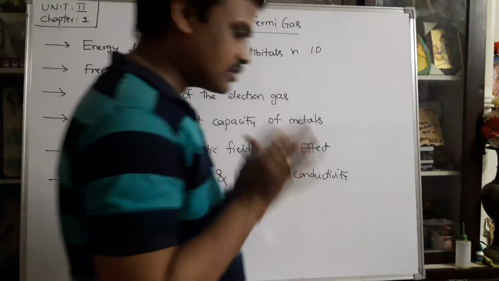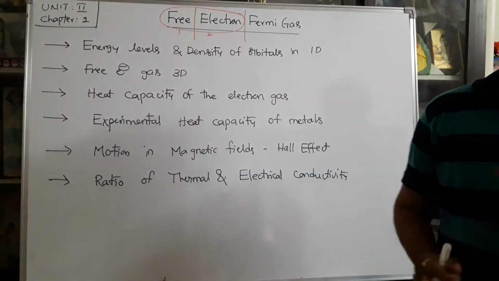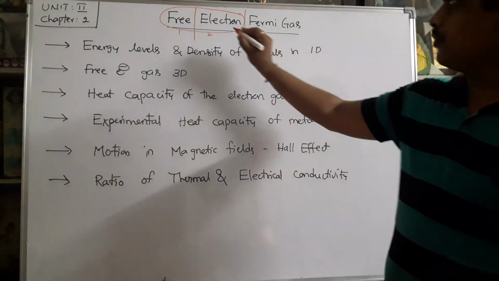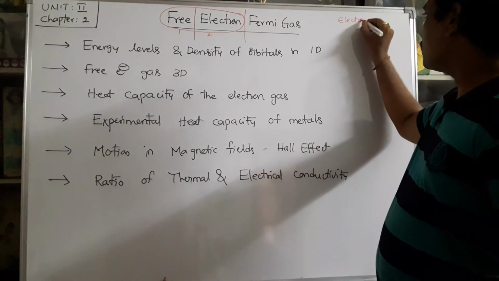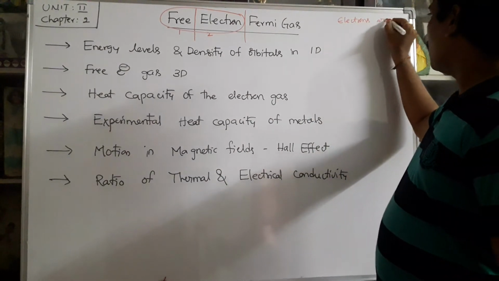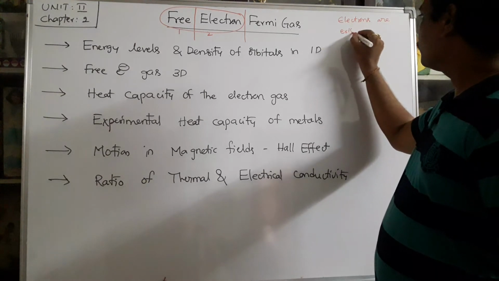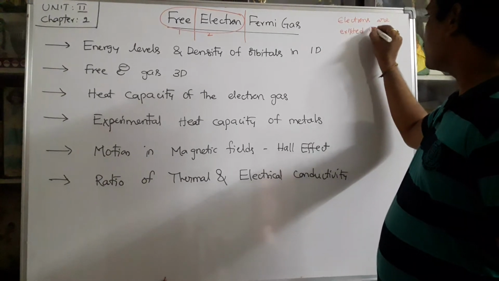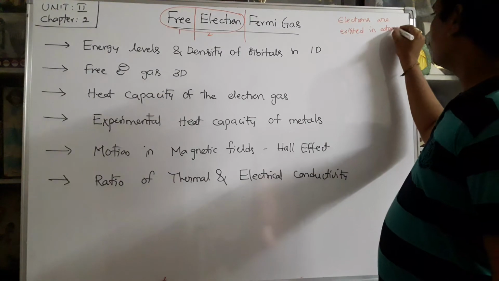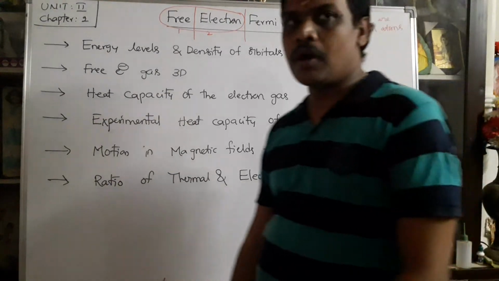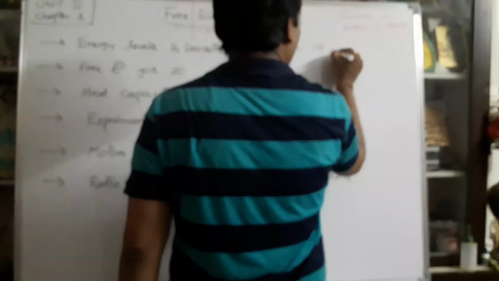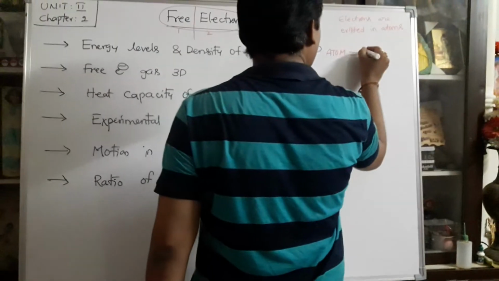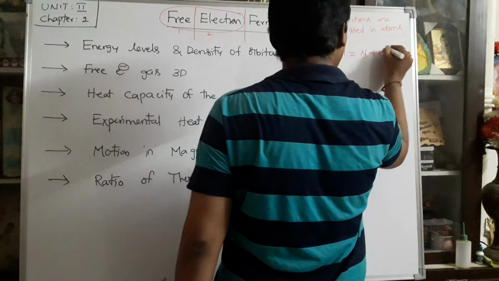What are free electrons? First of all, we are discussing what free electrons are. You know that electrons exist in an atom. Everyone knows that. What is the meaning of atom? An atom is a combination of nucleus and electrons.